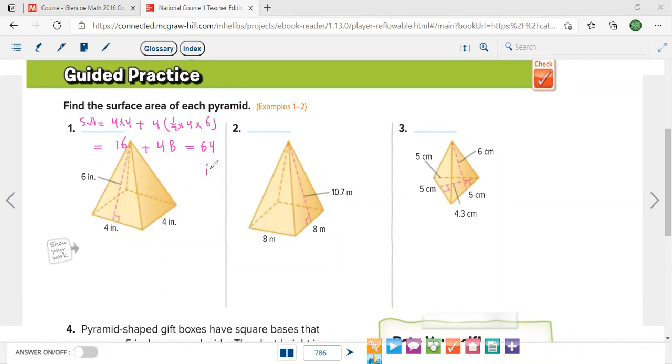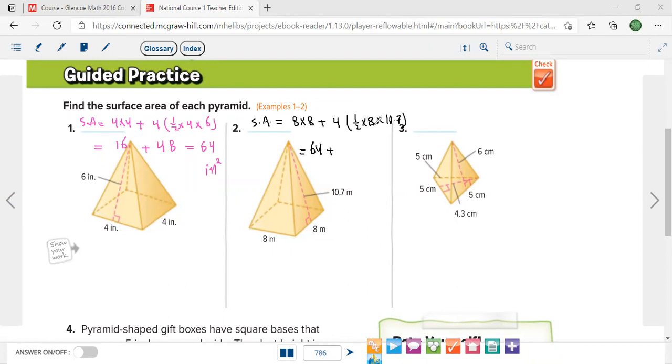64 inch square. Now about this one, also surface area equals the base shaped like a square, so 8 by 8, plus four lateral faces, one face shaped like a triangle, so half times base of the triangle, which is 8, height of the triangle, which is 10.7. 8 by 8 will give you 64.